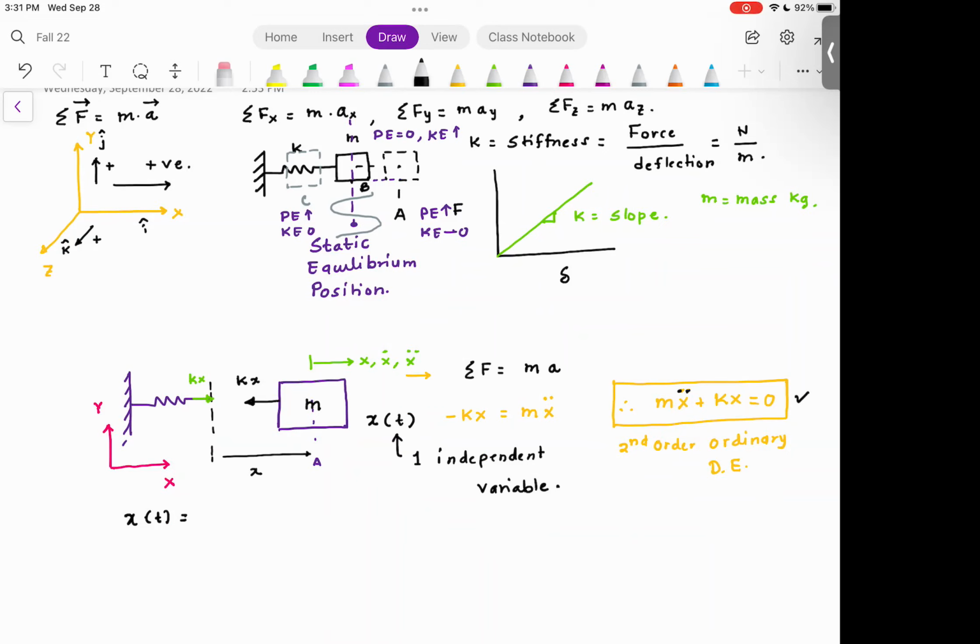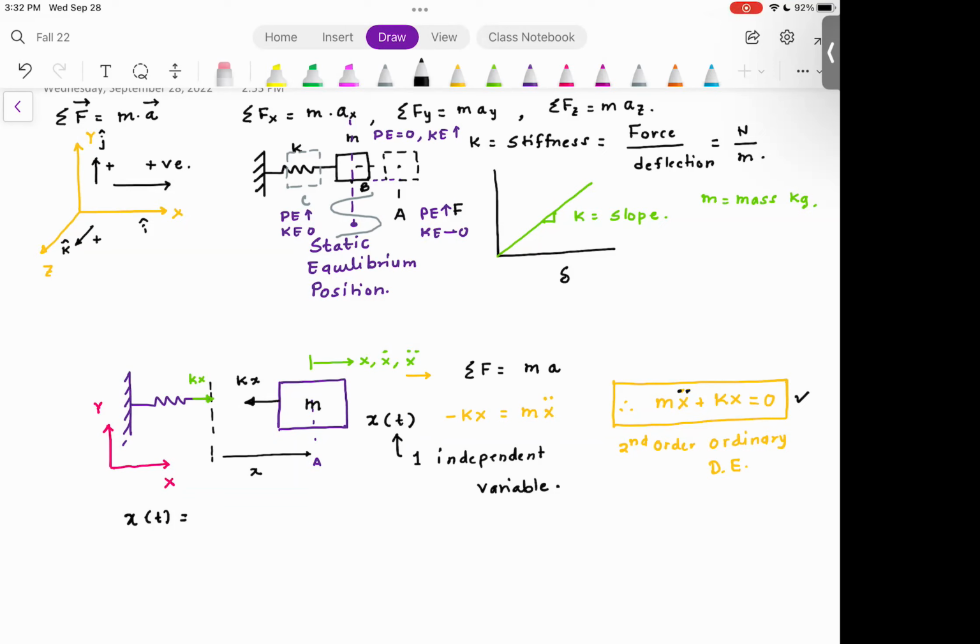Which means if I give you a very complicated dynamical system, connected with multiple springs, multiple masses, multiple dampers, and I ask you to come up with the multiple degree of freedom differential equation, the first hurdle is you have to separate out those parts, assign the coordinate system, and then find out the free body diagrams.